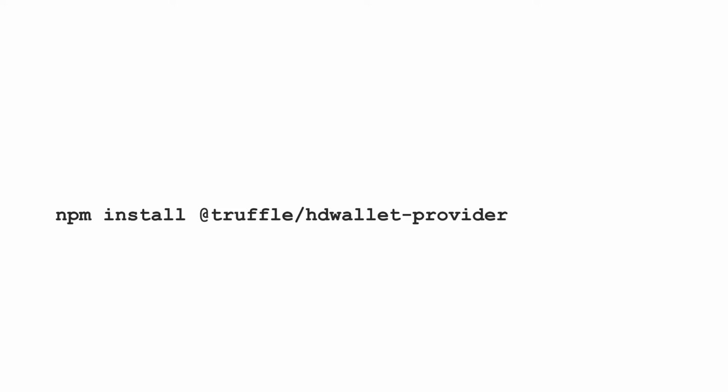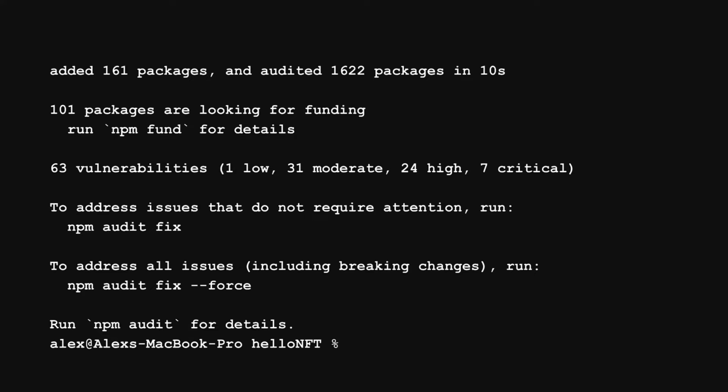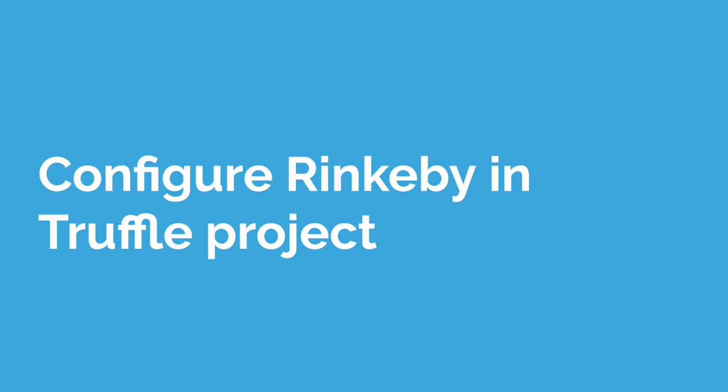This is a digital wallet commonly used to store digital keys for anyone who owns crypto. And this could be test ether or it could be real ether. You can also sign transactions, which means you verify them. All right, so then we're going to have that HD wallet provider installed in our project. Our next step will be to configure Rinkeby in the Truffle project in truffle-config.js.